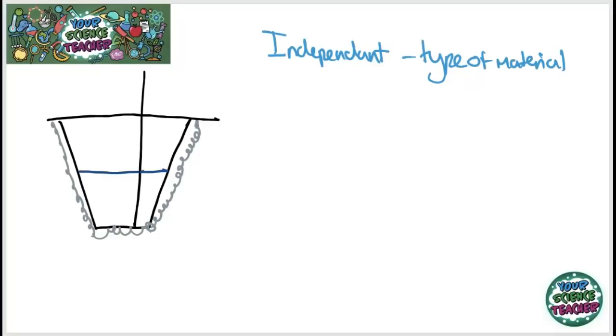Now, the dependent variable, the thing that you're going to measure in order to show which material is the best insulator, is the temperature of, it could be water in there that you're measuring, that you're trying to keep warm, or it could be something else, it could be a metal block, it doesn't really matter.